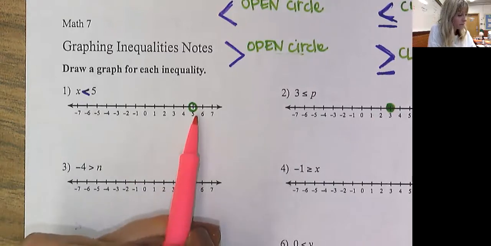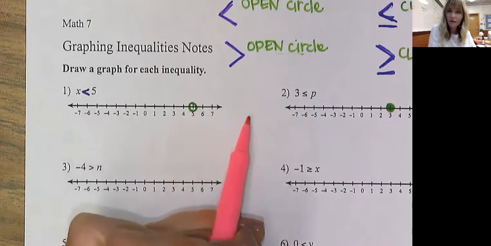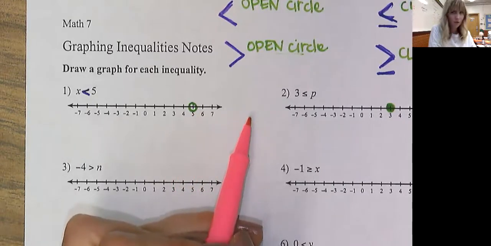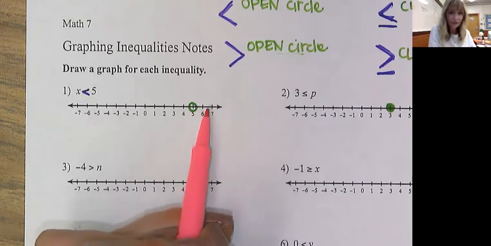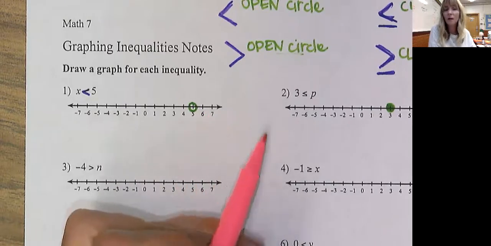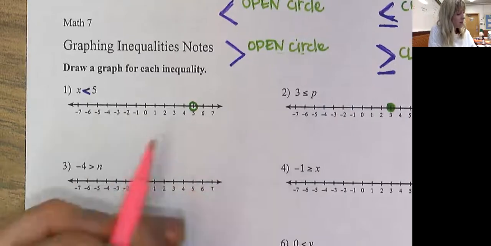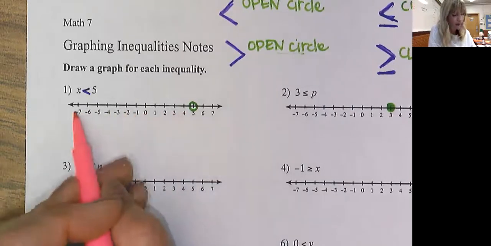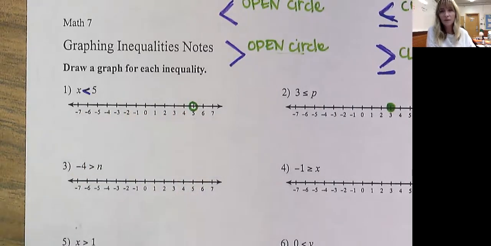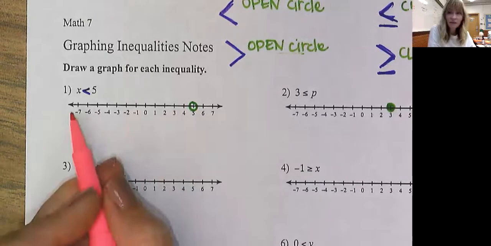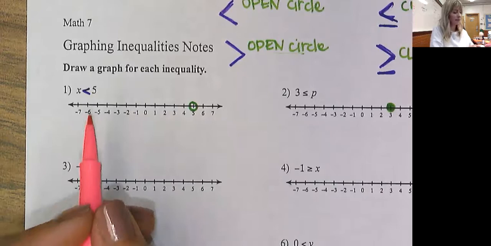Where are the numbers that are less than 5? Would they be to the right on this number line? No, because those numbers go 6, 7, 8, 9. Those numbers get greater than 5. Those values get bigger. So the numbers to the left of the 5 are less than 5. And all of these numbers to the left of 5 are less than 5.